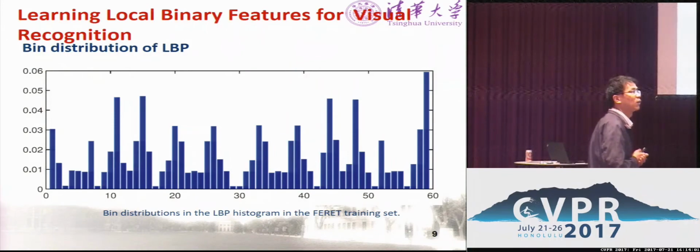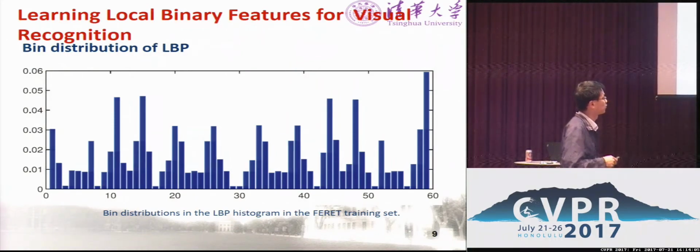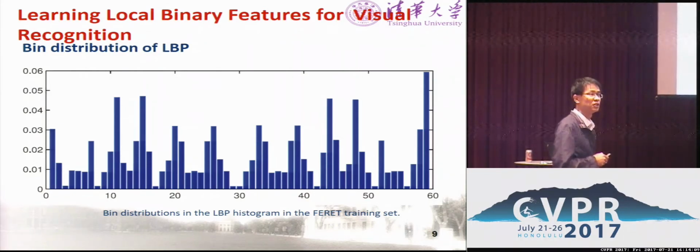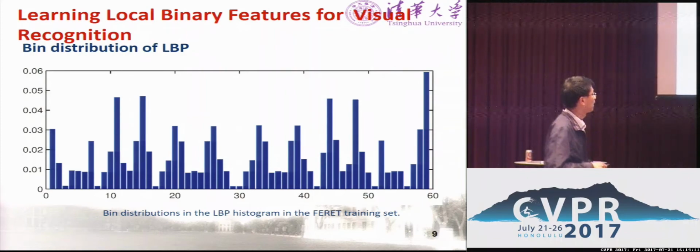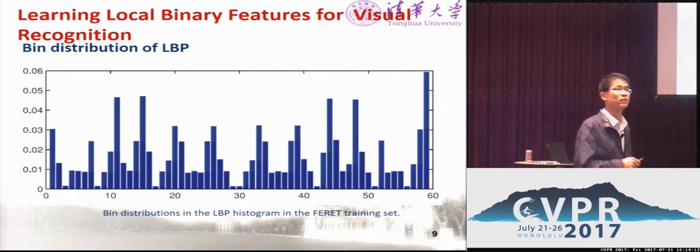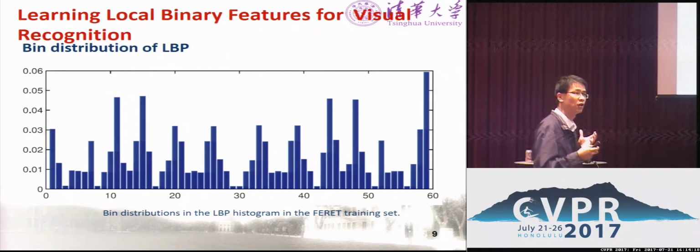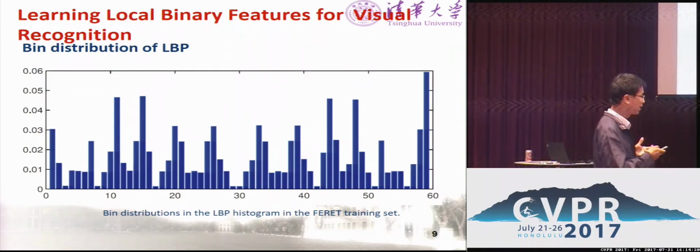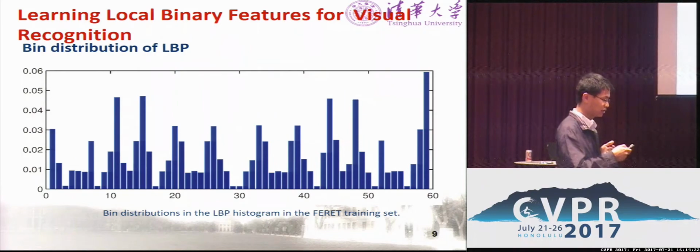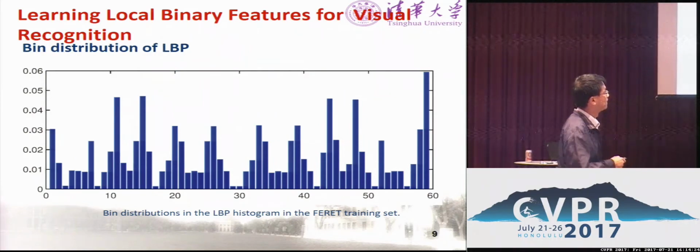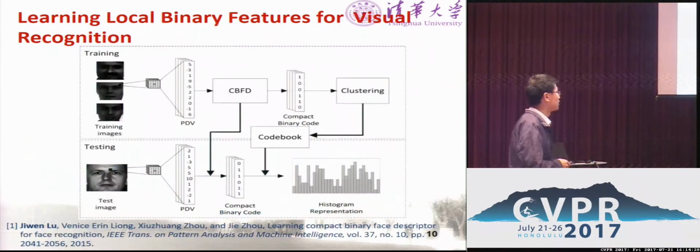So what's the disadvantage of this observation? We find some bins may contain discriminative information, but some bins are less discriminative. Based on this observation, we want to learn a local binary feature descriptor which can make this distribution more even than this one. So this is the key idea.